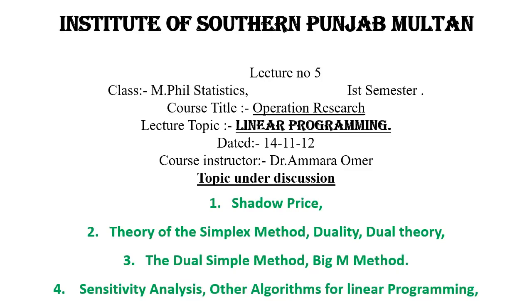After the simplex method, we have the dual simplex method and the M method, and then we find their duality. Also, we see the shadow prices and sensitivity analysis and the other algorithms for linear programming problems in today's topic.